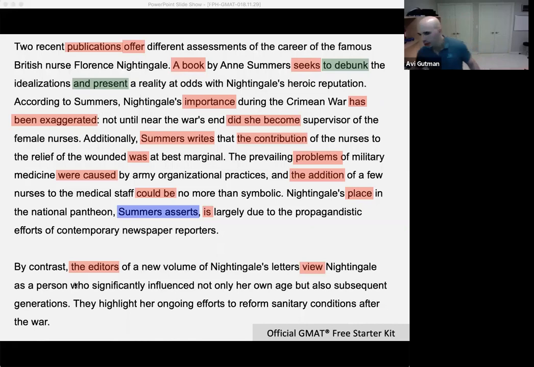So if it's helpful to you, you can kind of imagine the word who or which or really anything that starts with WH. You can imagine that as kind of opening up parentheses to describe the thing in front of it. So what kind of person? The kind of person who significantly influenced not only her own age, but also subsequent generations.